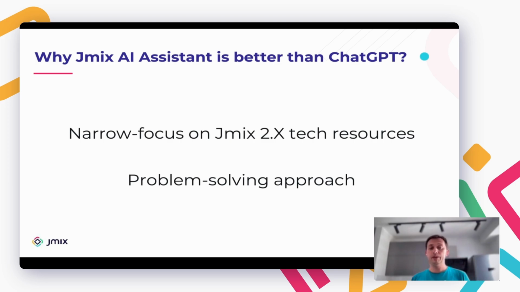And the second big benefit is that we implement a problem-solving approach. That means that it's not only the one ChatGPT instance, it's a series of agents which first of all try to deconstruct your prompt into a series of questions and then follow them to search for relevant information in different sources, and then finally build the right compelling answer, which will help to receive the most valuable information dedicated to your primary request.